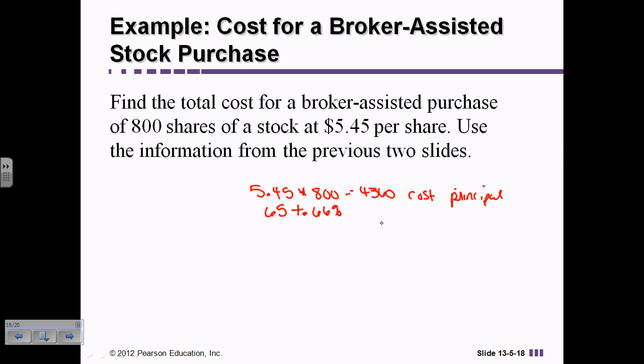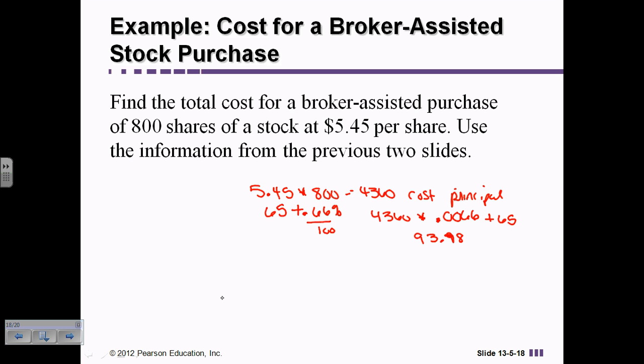So I'm going to take the 4,360 and multiply it by 0.0066, which is 0.66 divided by 100. And that's going to tell us the amount of our commission, plus we have to add the $65 onto it. So the amount that we have to pay the broker is $93.78.